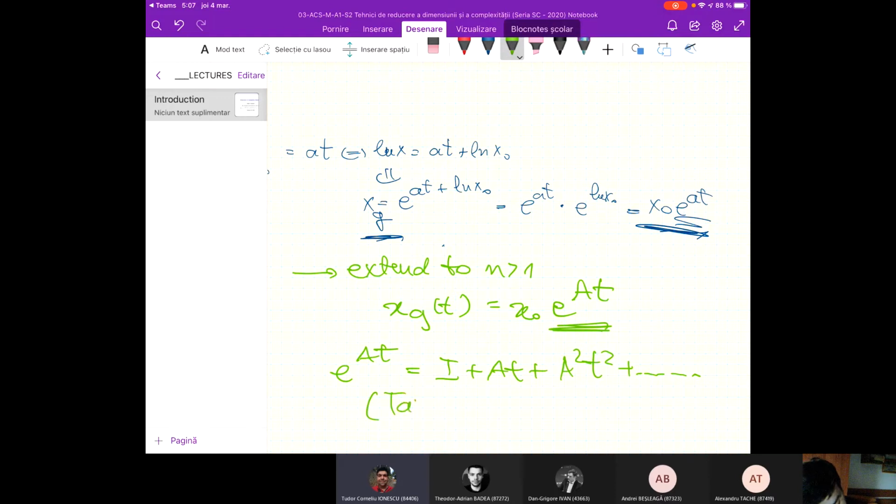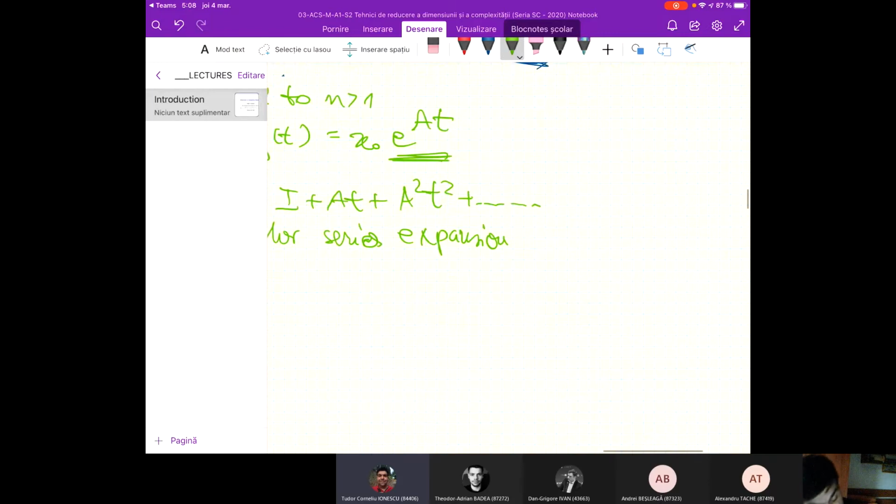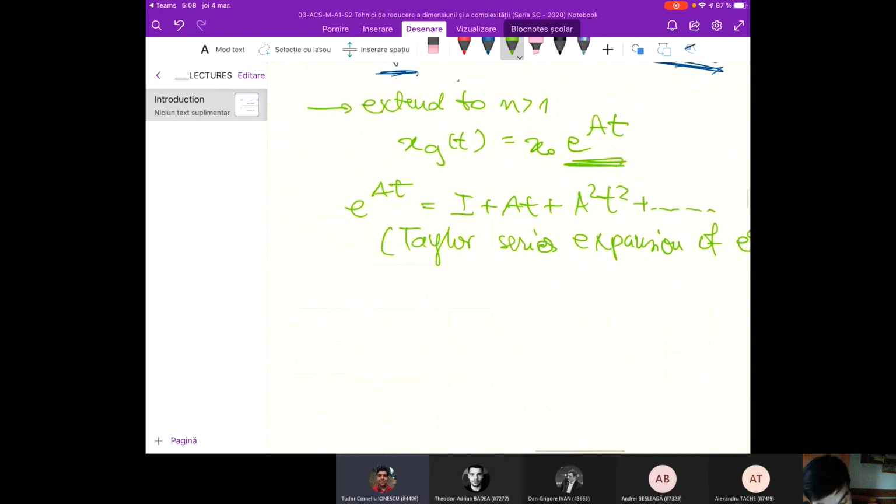Yes, this is a Taylor series expansion of e to the power at around 0. This is how you define the matrix exponential.